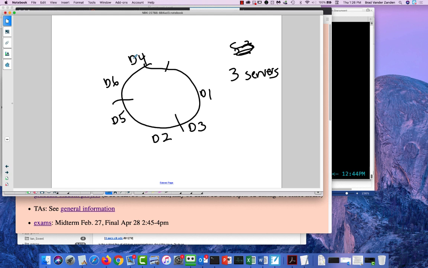Each of these segments is a server: server 1, server 2, server 3. So they're using what's called a consistent hash function to map objects onto this ring.